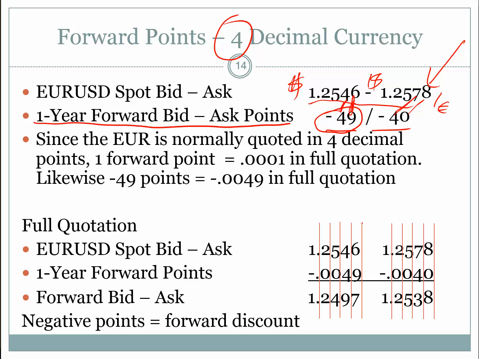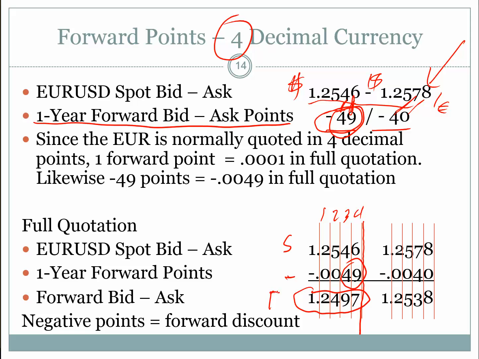So if I were to line up the spot price, 1.2546, right? 1, 2, 3, 4 decimal places. And then if I were to right justify the 49, you'd see it's lying on the third and fourth decimal place. So to actually do the subtraction, I need to subtract 0.0049 to get the outright quotation of 1.2497.